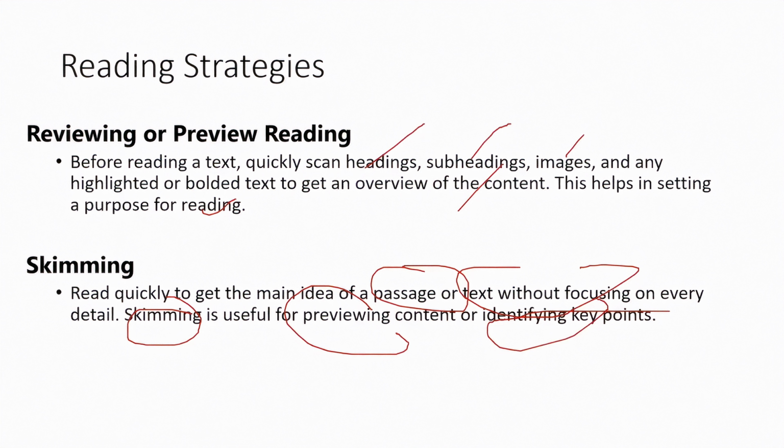Against the previewing method, skimming is to focus on the main ideas. Instead of reading all the details, you just try to focus on the main idea, what the possible idea may be, so that you have an overview of the content. This strategy is called skimming.